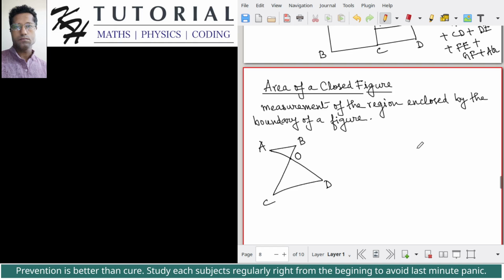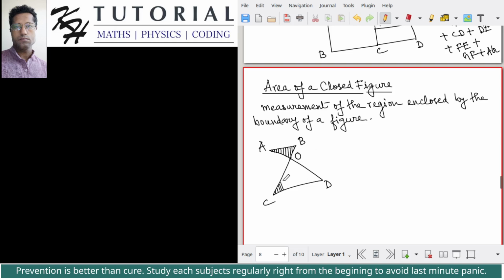Okay. So we need to understand what is meant by the region enclosed by the boundary of a figure. Now, since we are only dealing with a closed figure, the region enclosed by the boundary of the figure will be this part, and also this part.